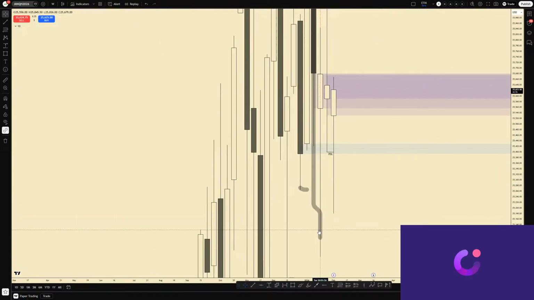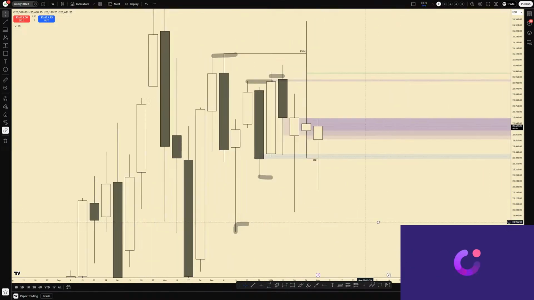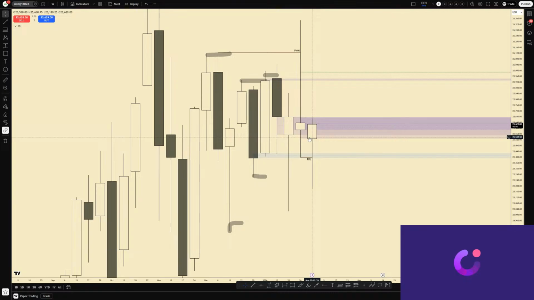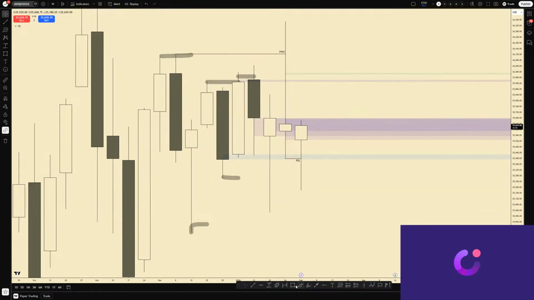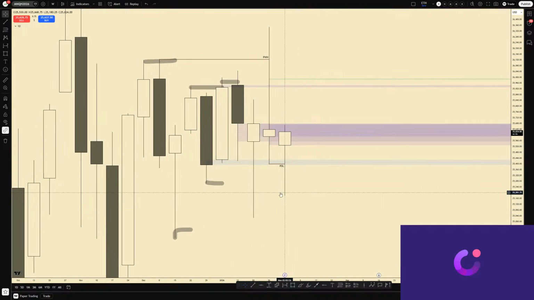So in here, price opened this weekly candle right here, came back lower, and reversed after probably coming back to this wick. Then it went back higher, and where did it go?